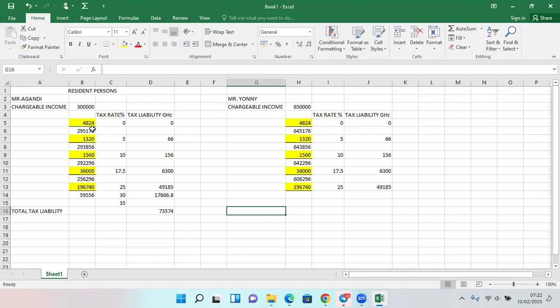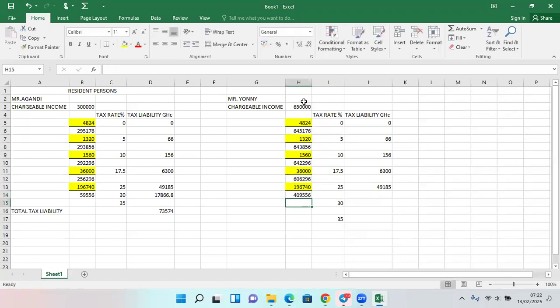Because I used the Excel to do it, you see it has calculated the thing for me automatically. Let me just add the other rate to 30, 35. So now go to this minus this.